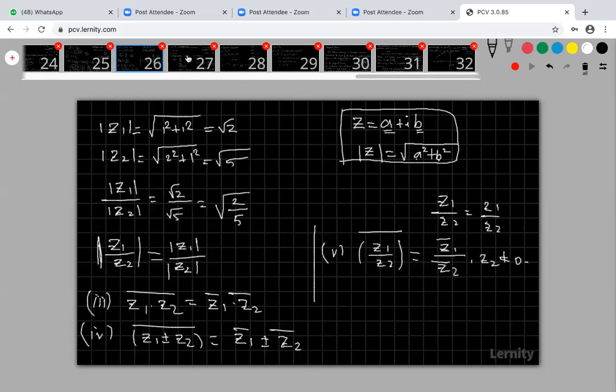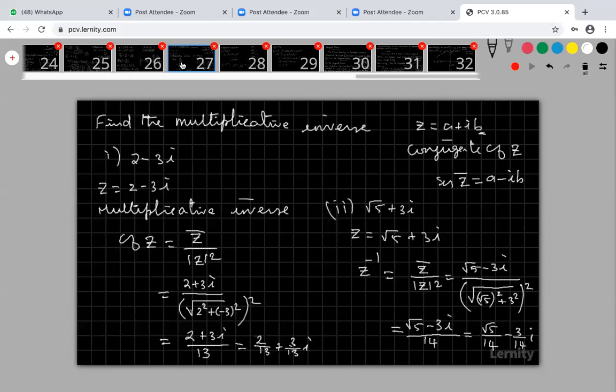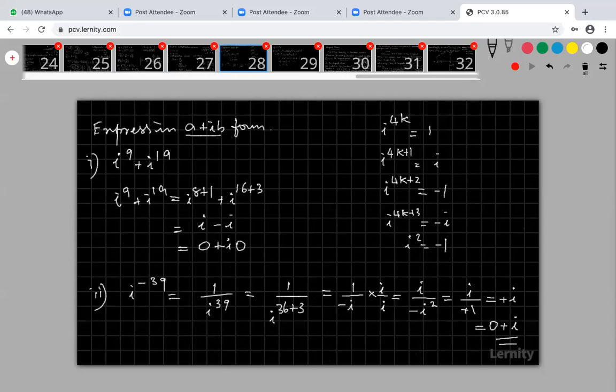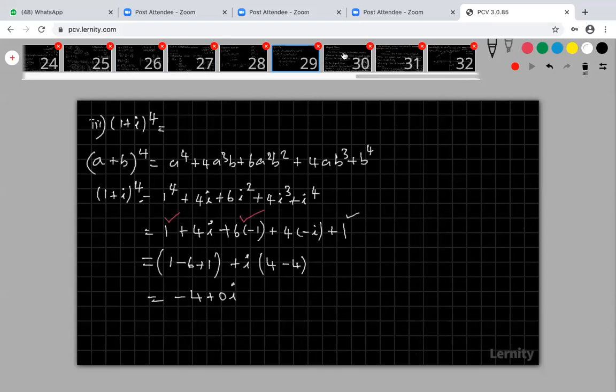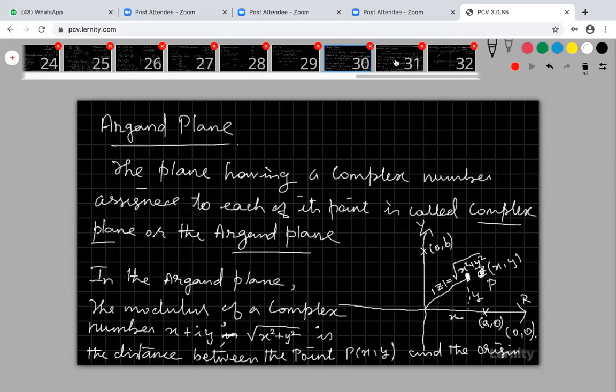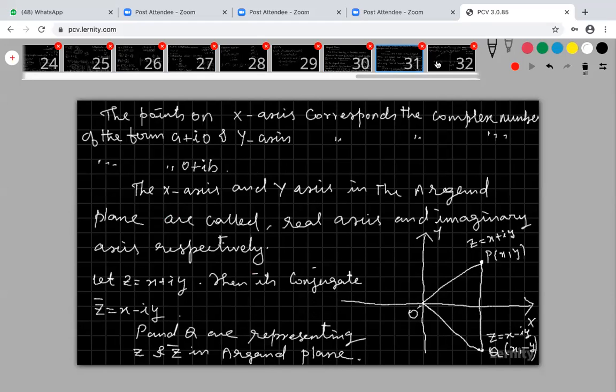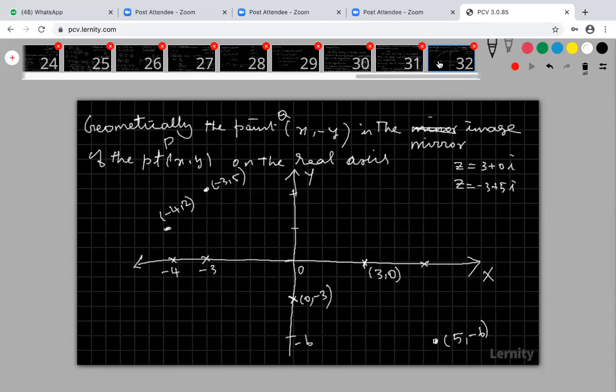These are our slides. So please try to complete the homework problem. Yesterday also I gave some homework problem. Today also I gave some homework problem.